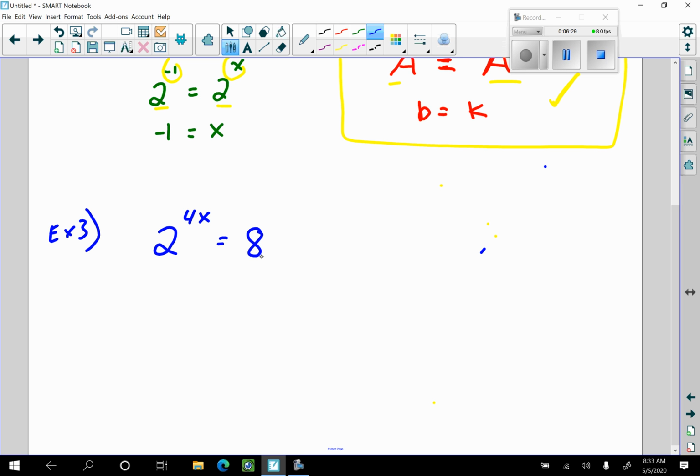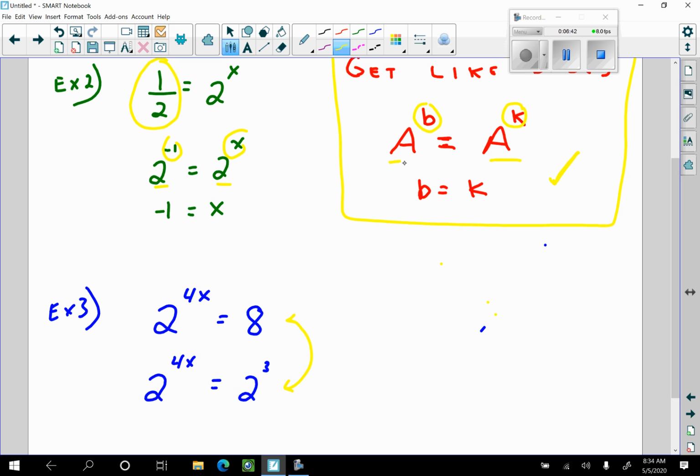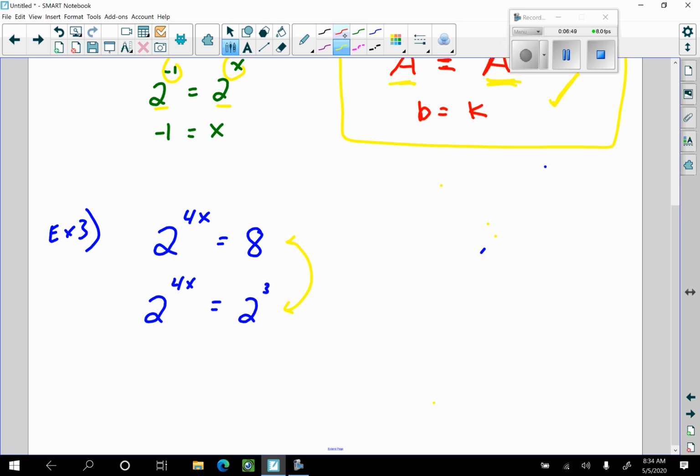It's going to be 2, because I know 8 is 2 cubed, so I have 2 to the 4x is equal to 2 cubed. Since 8 is 2 cubed, now I have like bases. All I do now is set the exponents equal. So what do I do? Well, now I know that 4x is equal to 3, and now I have a linear equation, and x is equal to 3/4. Okay?